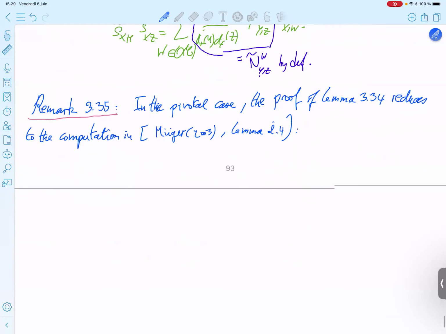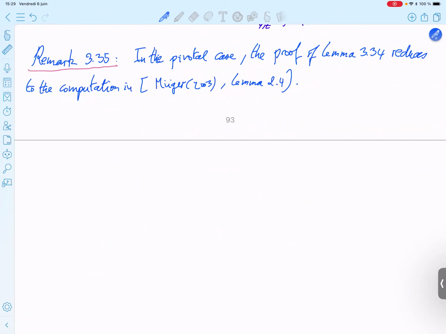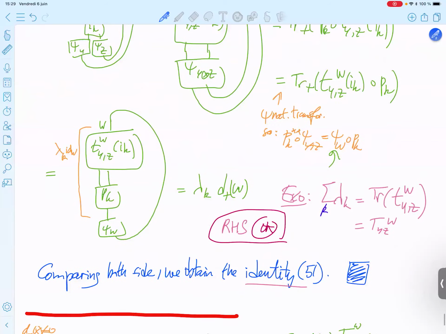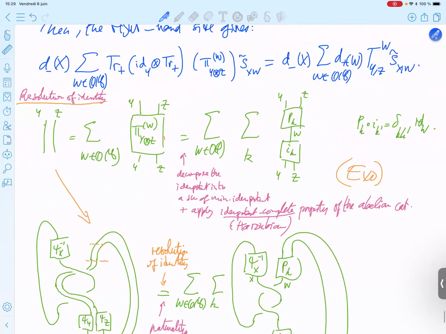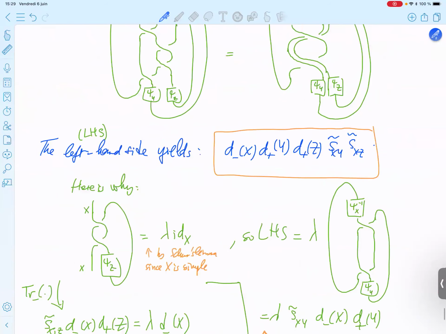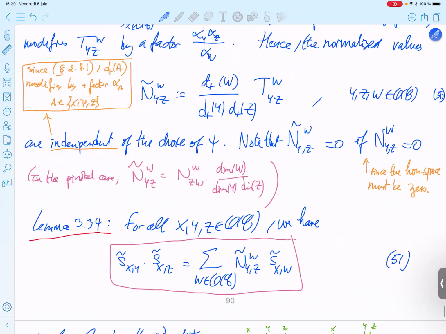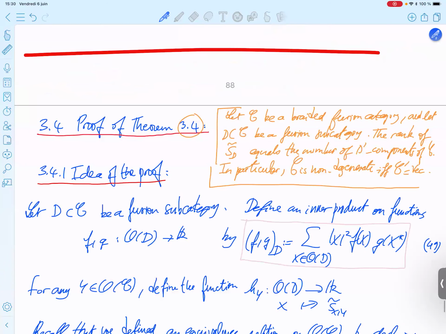Okay, so remember we are in section 3.4 dedicated to proving a previous theorem. So let me come back to the context here. So this subsection is dedicated to prove theorem 3.4. Remember, the rank of the S tilde matrix truncated for D is exactly the number of D prime components.